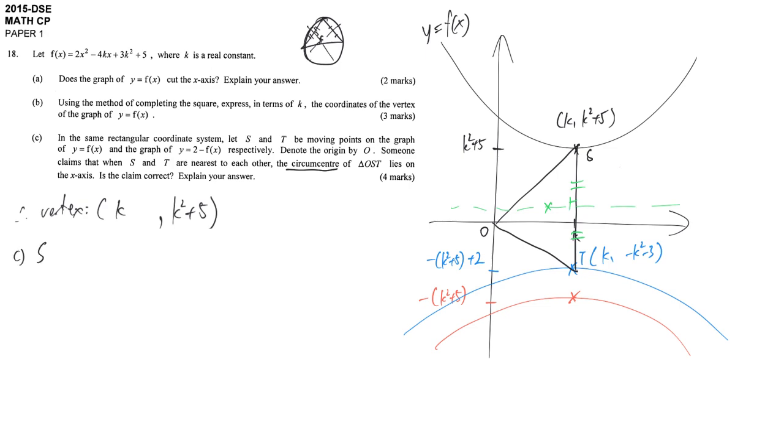We say our finding is S is the vertex, and also T is the vertex of the final curve.